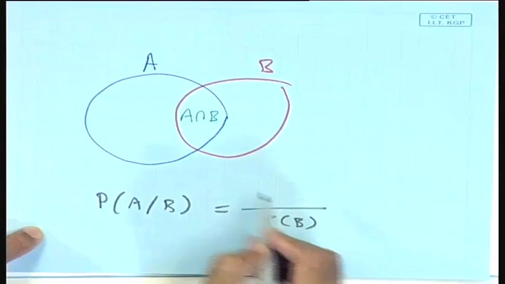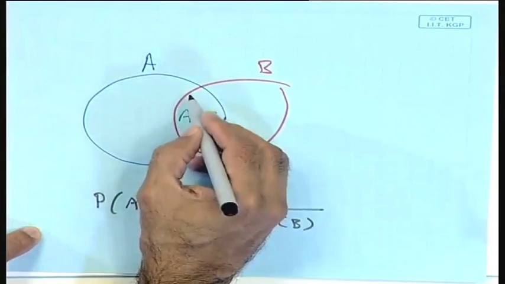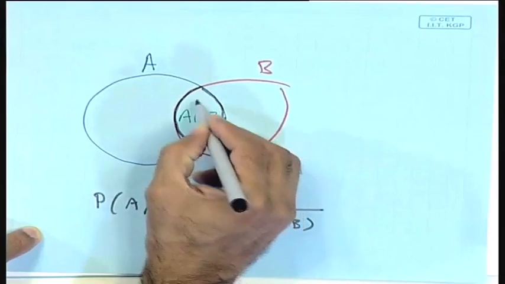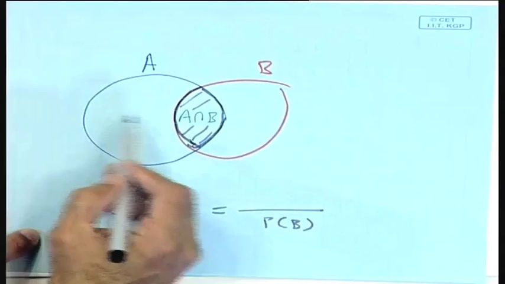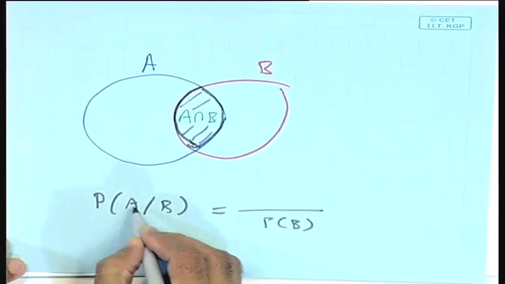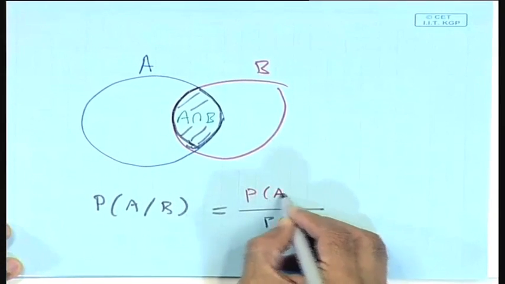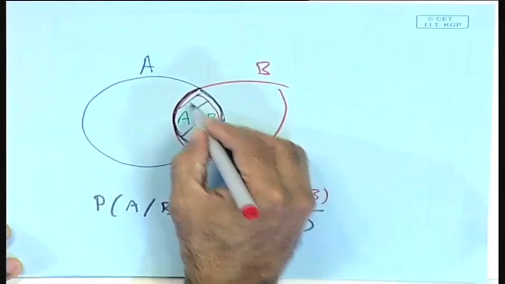In the numerator, I only have to carry that part which is common between A and B. This is the part that would have occurred if B had occurred. Now A is occurring and also B is occurring. This is the intersection part. So what have I got to write here? I have to write that probability of A given B is going to be probability of A intersection B, which is this part really.